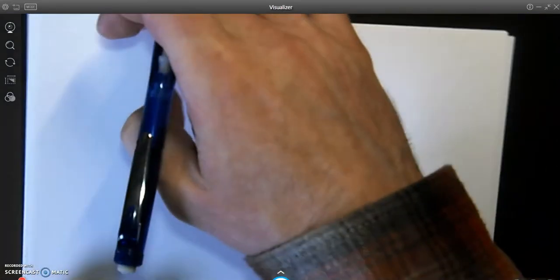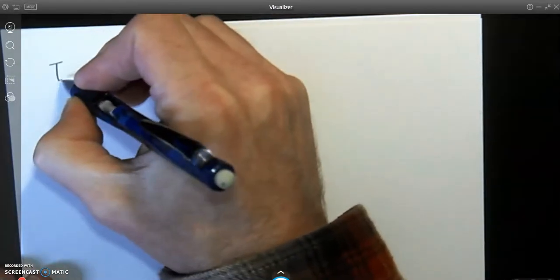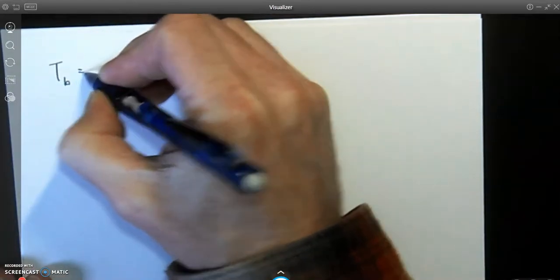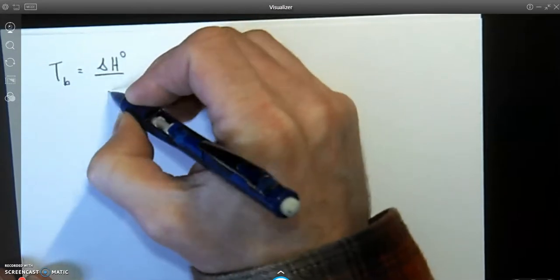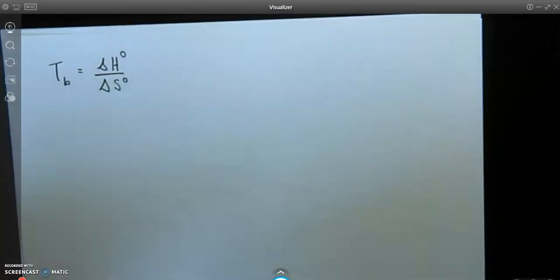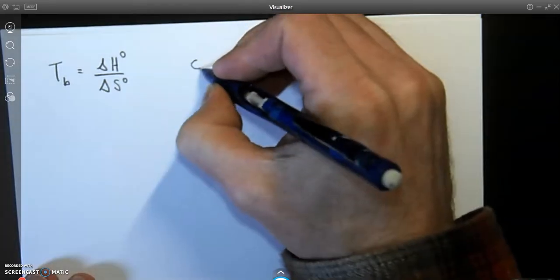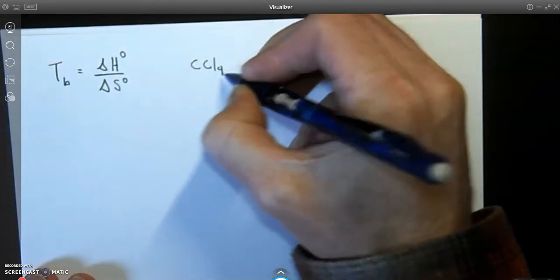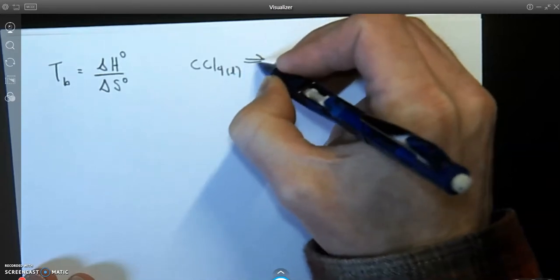Slide this down. Okay. And again, based on that equation I said there a second ago, we can say the temperature, in this case boiling, would be equal to delta H over delta S. And again, this is not on your equation sheet, so you would have to understand how this would go together. If we just want to look at it as an example, we can look up carbon tetrachloride, liquid to gas, and we were talking about boiling, so we'll stick with that.